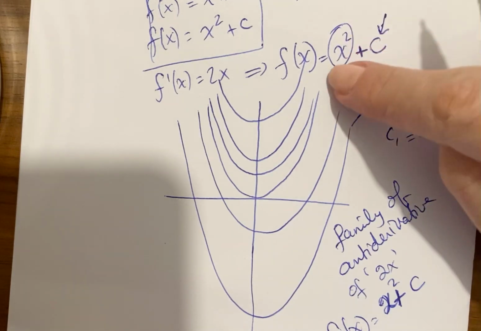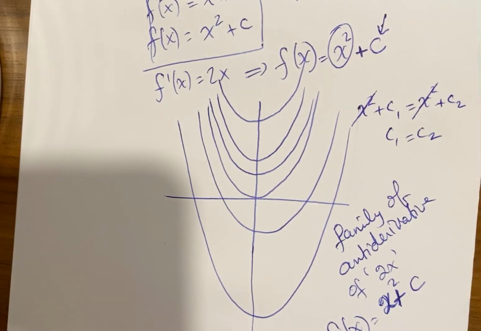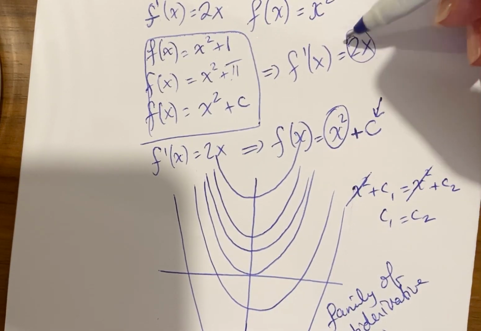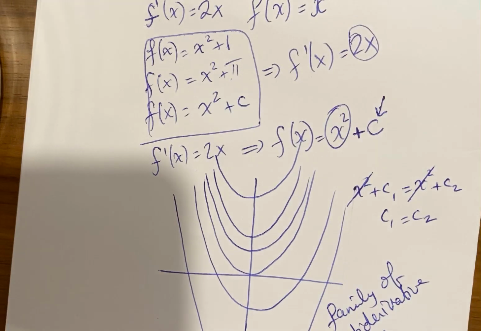It is the basic function plus c, the constant of anti-differentiation. If two functions have the same derivative, then the only difference between them can only be a constant. They cannot differ by anything other than a constant.